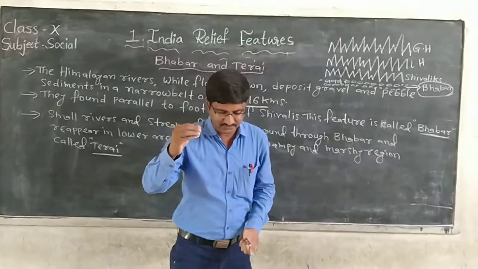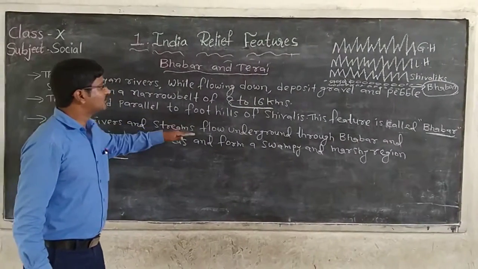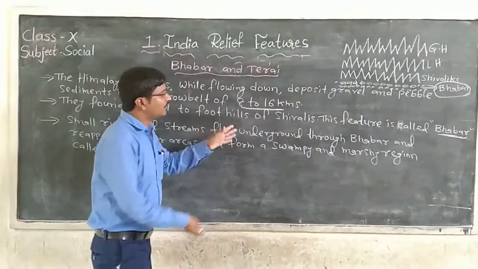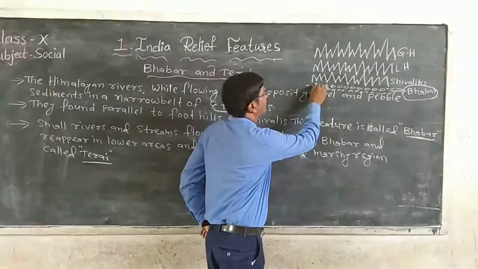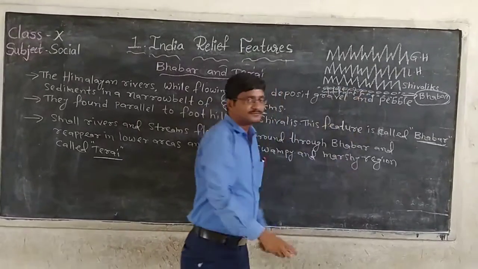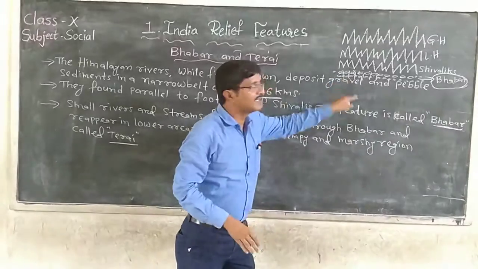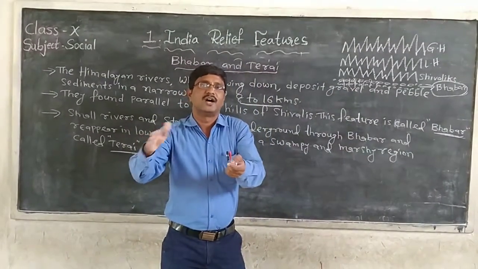Porous nature means small rivers and small streams flow underground through the Babar. Small rivers, small streams flow through the Babar and they reappear in another region. How do they reappear?